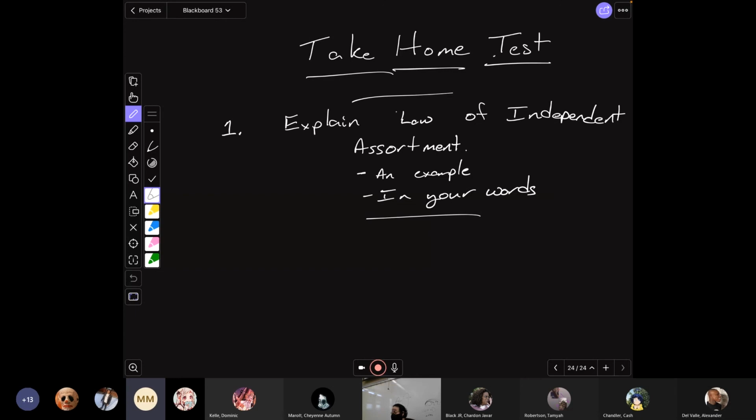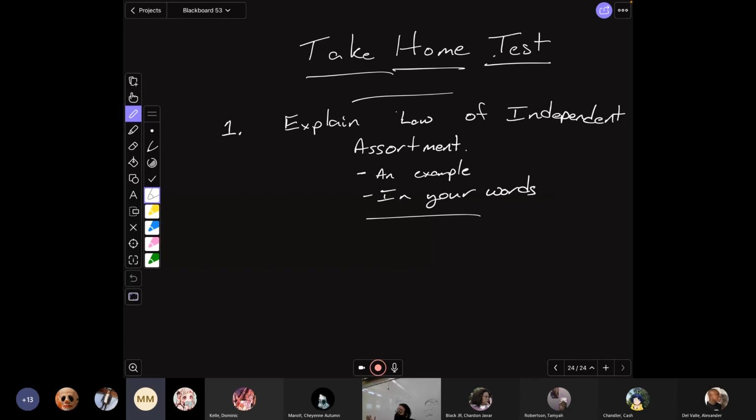You're going to turn it into Schoology. The question will be put in Schoology as a test. You're going to put in your answer. I'm going to copy it and paste it into the online software. It'll search.